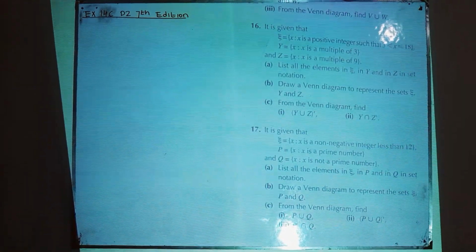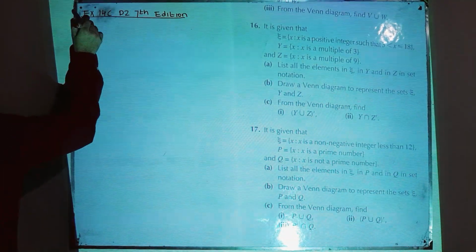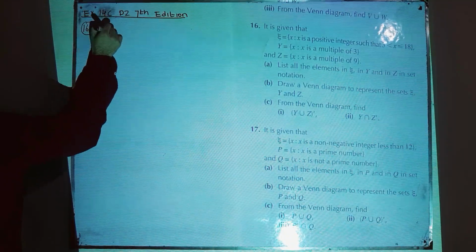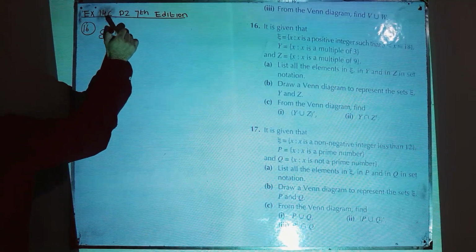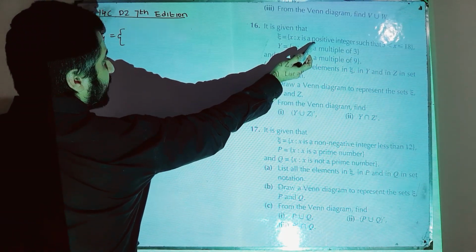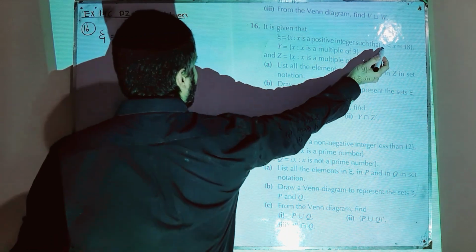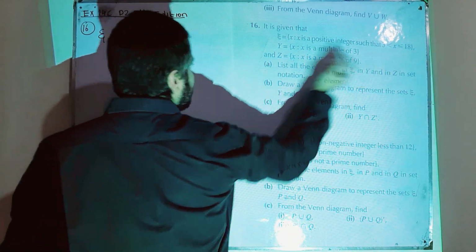Question number 16, exercise 14C. We have got a universal set, and its elements are positive integers between 3 and 18. Now 3 is not included, 3 is not part of this set, while 18 is.